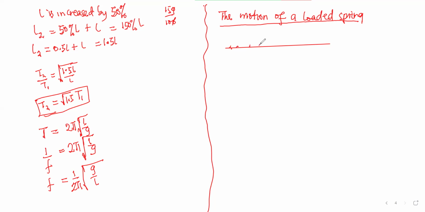So this is the spring attached to this, so this is unloaded spring A. If it's unloaded, this horizontal or broken line represents the fixed point.